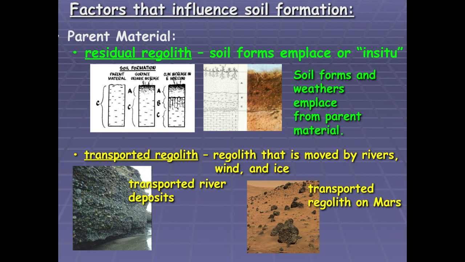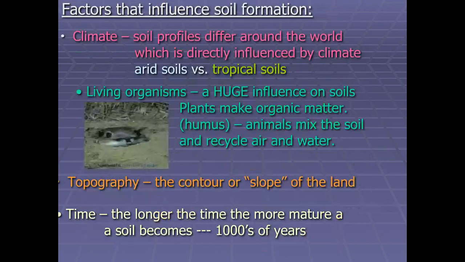Okay, so parent material is one factor. Let's look at a couple more factors. How about climate? Soil profiles will differ around the world, which is directly influenced by the climate. For example, you can have soils that form in tropical regions where there's lots and lots of water, or you can have different soils form in arid regions where you have a lack of water, because arid is another term for a desert type environment.